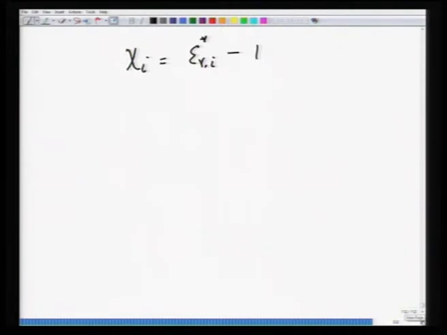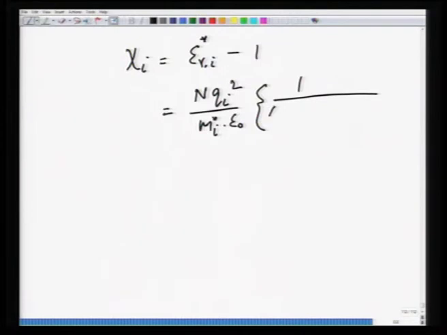Okay. So, this was equal to n q I square divided by m I star into epsilon naught multiplied by 1 divided by omega naught I square minus omega square plus I gamma I omega.